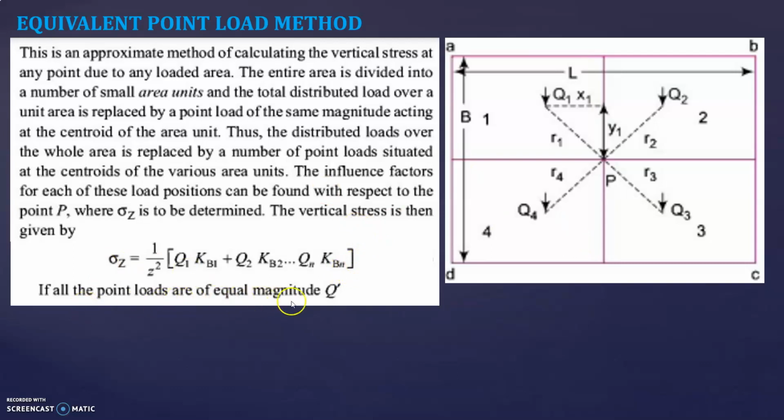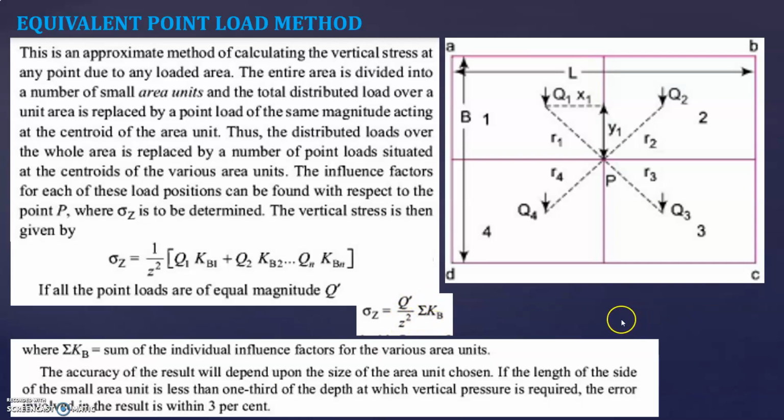If all the point loads are of equal magnitude Q dash, then you can calculate using the equation sigma z is equal to Q dash divided by z square into summation of KB. If the value of Q is different, then you have to use the first formula. If Q is of the same magnitude, then directly you can use this equation to find the vertical stress, that is Q dash divided by z square into summation of KB.